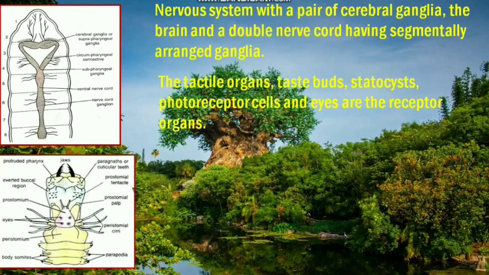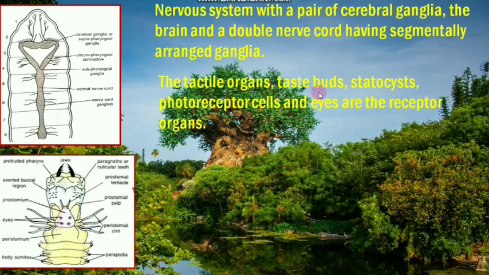Now, about sense organs. The tactile organs are, you can see here, the peristomial palp. So this is a structure. Then the peristomial tentacle, this portion, and the peristomial cirri. These three pairs of structures are the tactile organs, which are one of the sense organs.